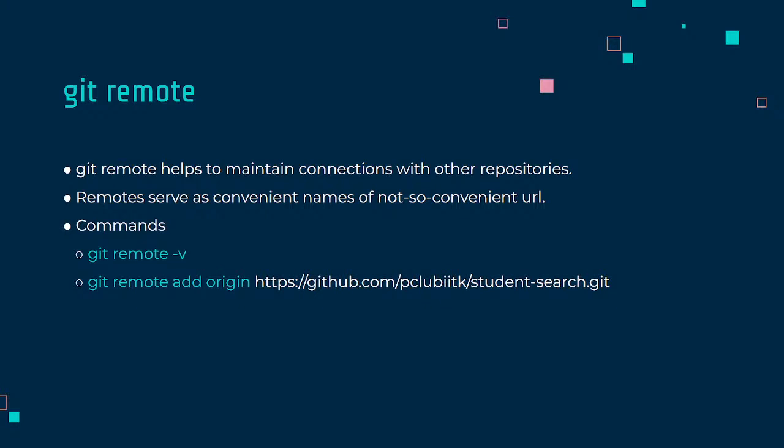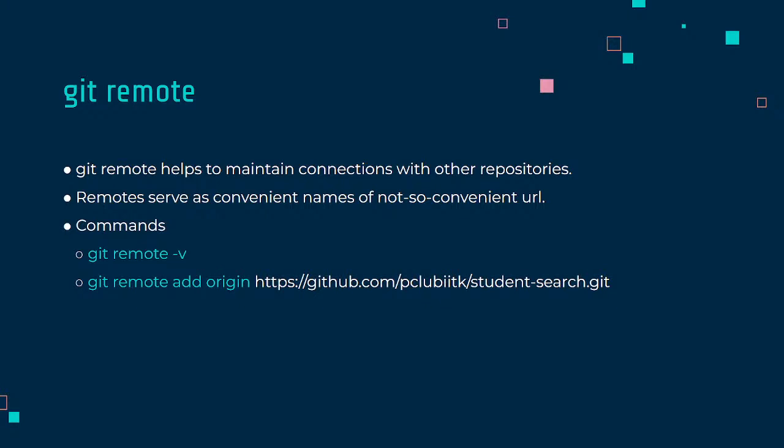Now, git remote helps to maintain connections with other repositories. It basically serves as a convenient name for a not so convenient URL. The commands for git remote are git remote -v and git remote add origin and then the link to the repository that you want to add.